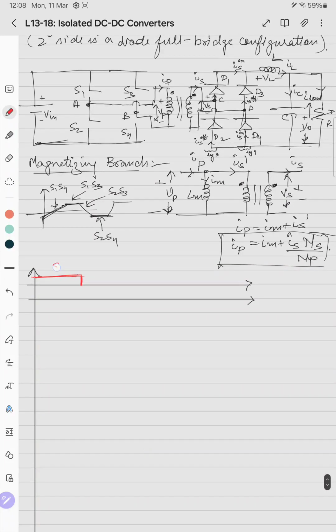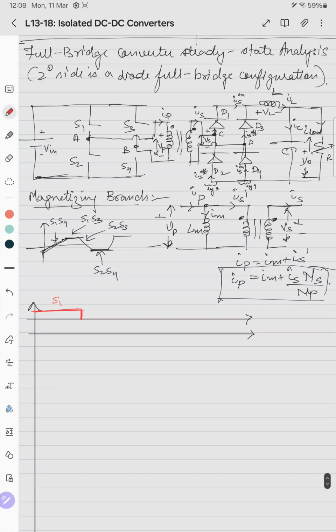So this will be S1. We'll assume that there is a 180-degree conduction mode in each of the legs. That is, when S1 is on, S2 is off. There is no dead time given. So it will be like this.